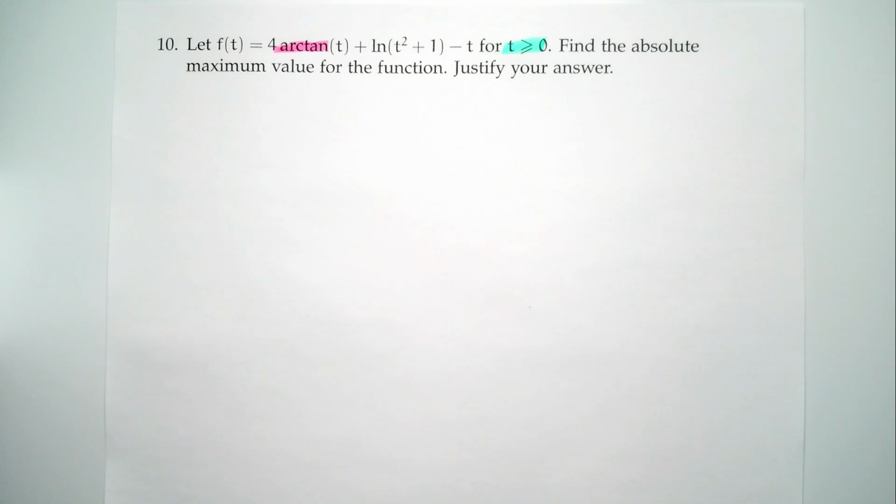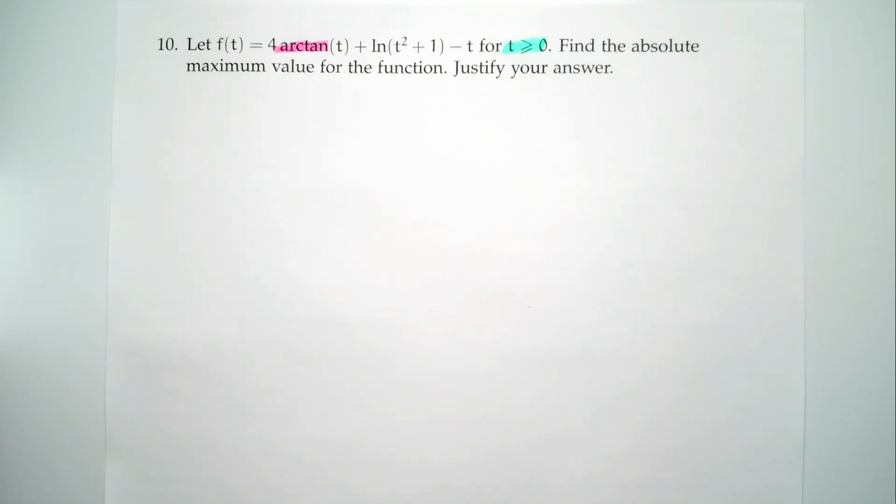So there's no guarantee that this function has an absolute max. It can, and the claim is that it does, but it isn't just a freebie. So we've got to work for it.